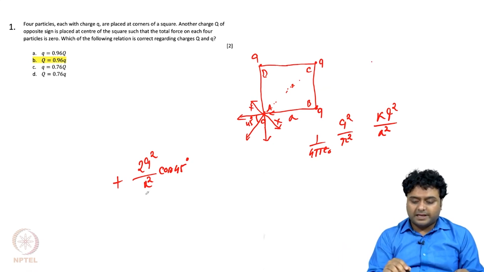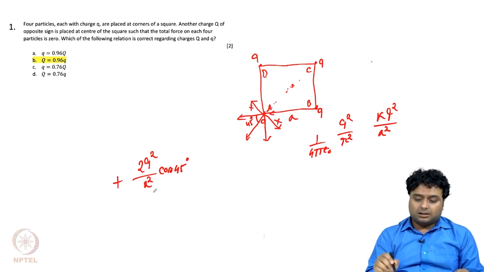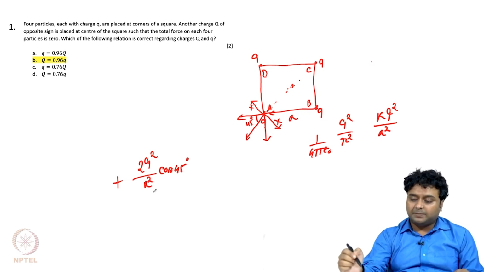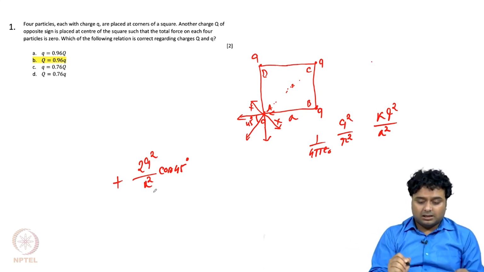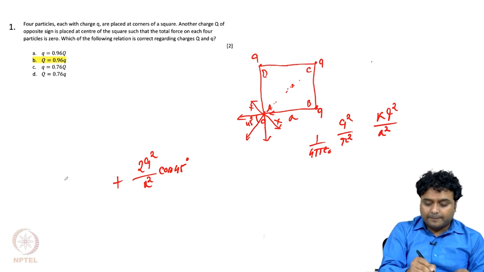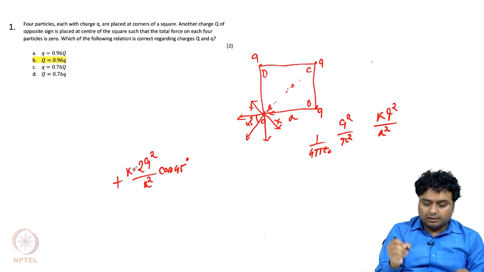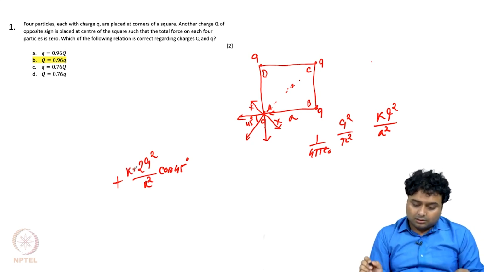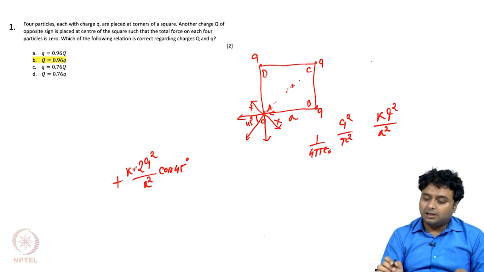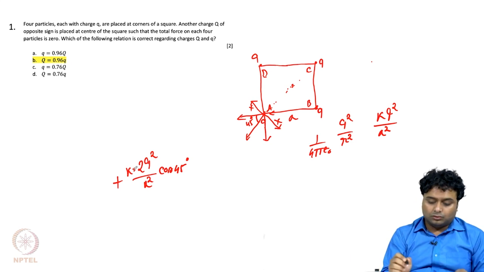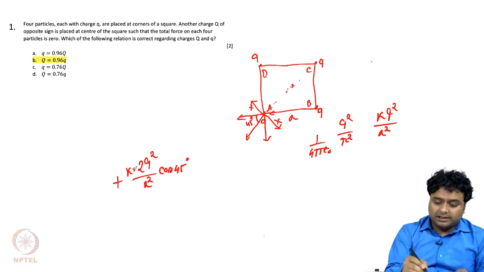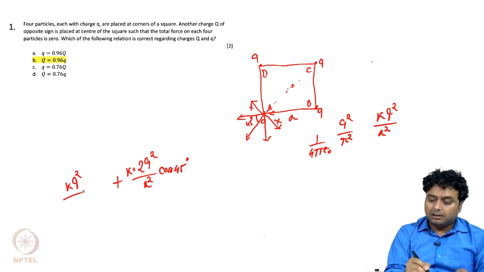So 2 k q square by A square cos 45 degree is because of the charges present at B and D, with the 2 multiplied for both B and D, and then because of C it is k q square by A root 2 whole square, right.